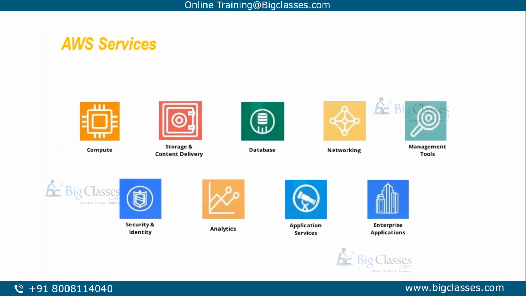Again, the same classification which we discussed: compute, storage, content delivery, database, and networking. These are the major classifications of AWS services which we are going to discuss in detail.